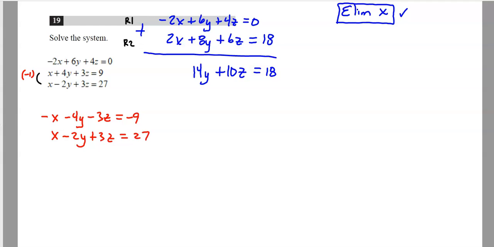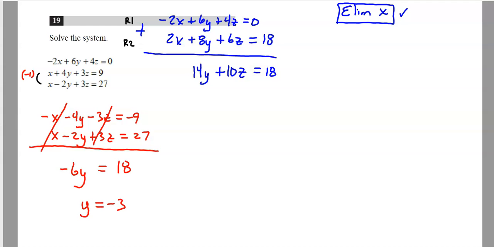Holy smokes. This is pretty sweet because I've gotten lucky on both of these problems. This is kind of weird. So those two go away, and I get negative 6y. These disappeared. And then I get, what's that, 18? Wow, divide. Y is negative 3.